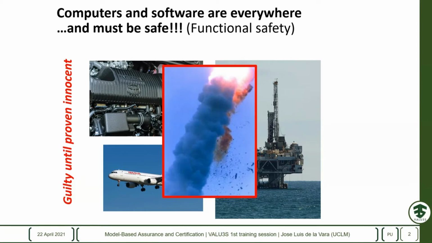Actually, we also need to ensure security and privacy. And there is an overall principle in these critical domains that any system is guilty until proven innocent. So that means that we have to make others develop confidence in the dependability of the systems.